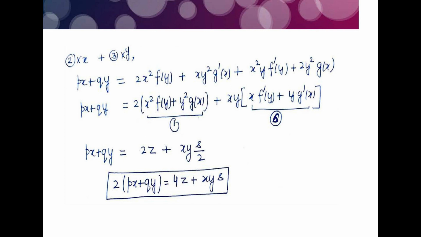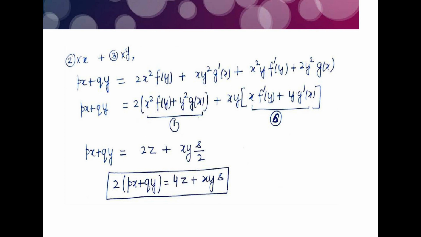We can collect a few terms like x square f of y plus the last term y square g of x, and from the remaining two terms we can take xy common, and we have x times f dash y plus y times g dash x.